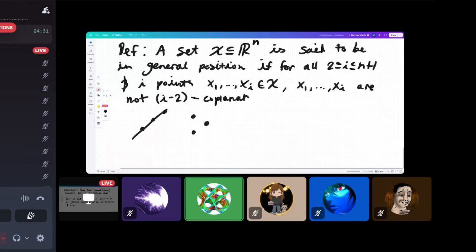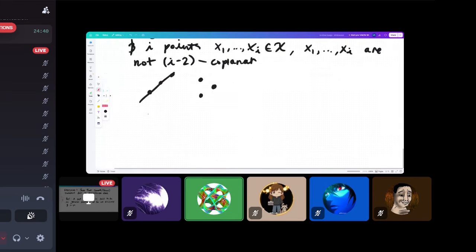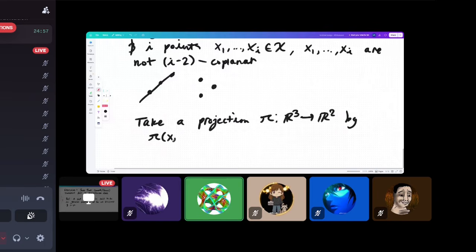So the reason why we care about general position is if we take a combinatorial knot. We can take a projection π going from R3 to R2 by π(x, y, z) = (x, y).